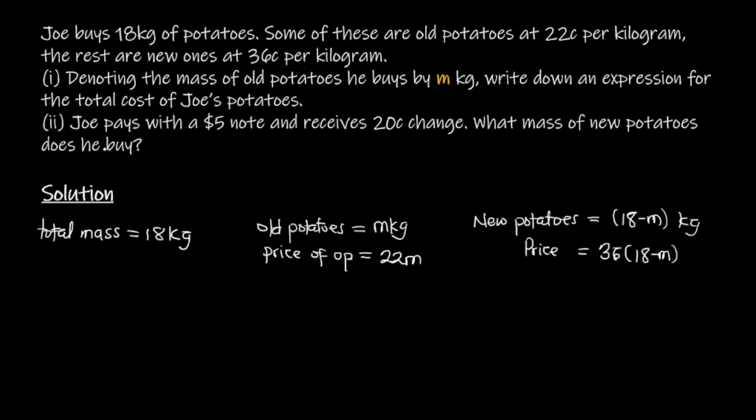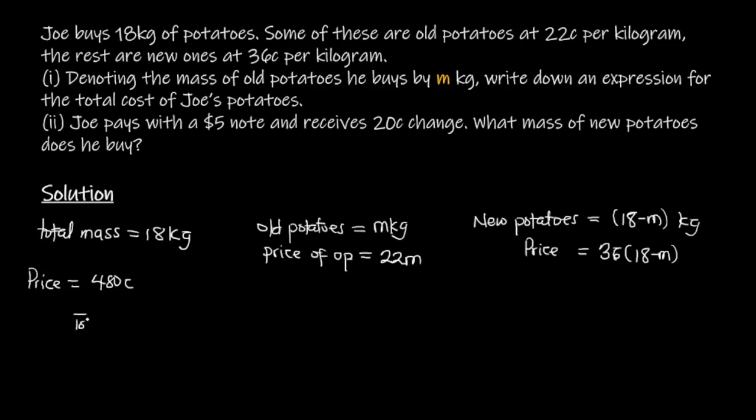Now, we're told that he paid $5 and he received 20 cents change. That means the price of the total mass of the potatoes that he bought will be equal to 480 cents, because $5 is 500 cents, and minus 20 cents gives us 480 cents. So this becomes the price of the 18 kilograms of potatoes that he bought. Now let's look at the equation.